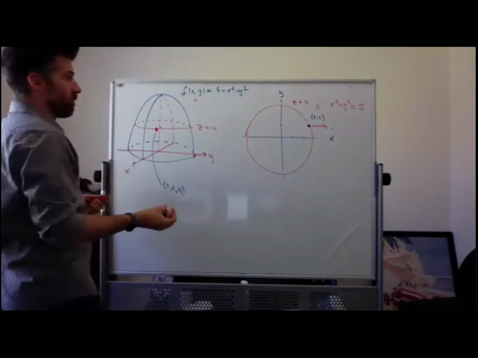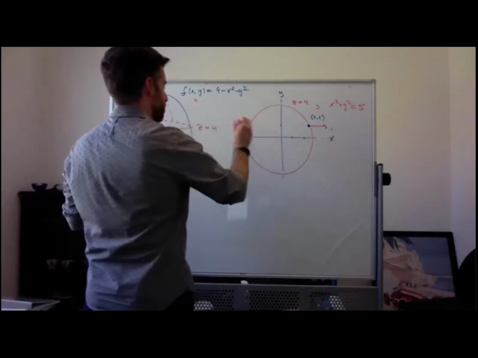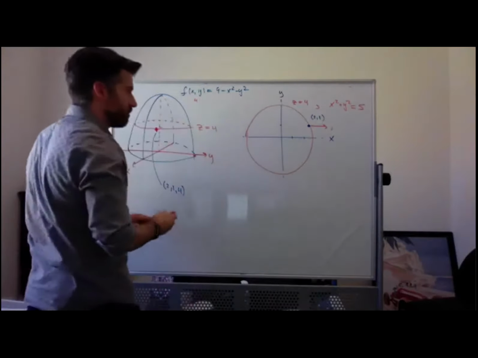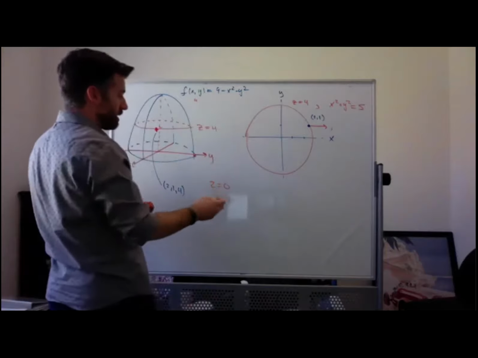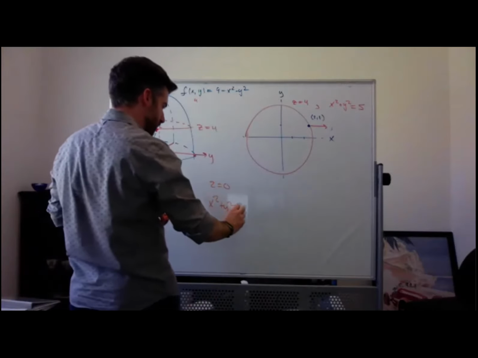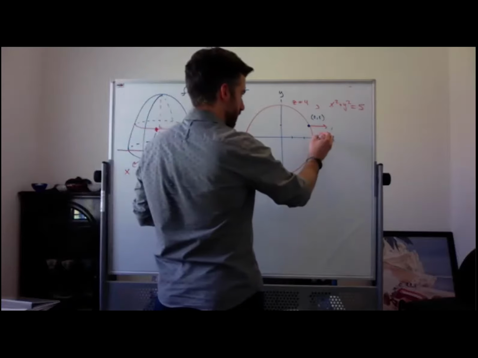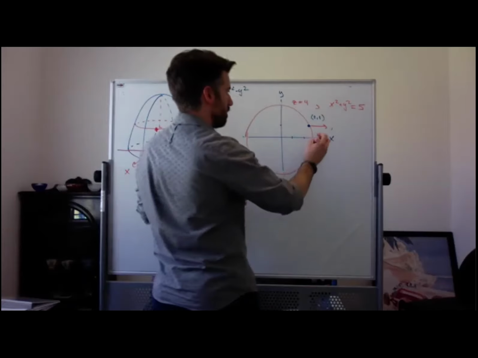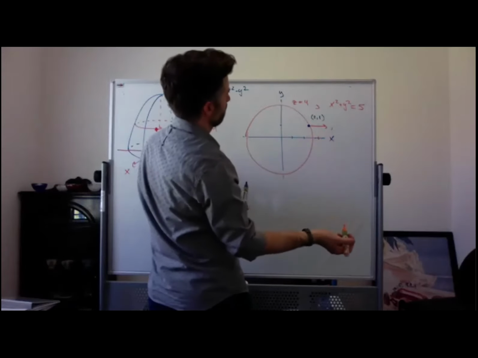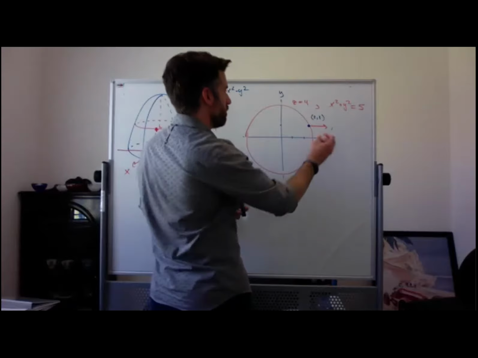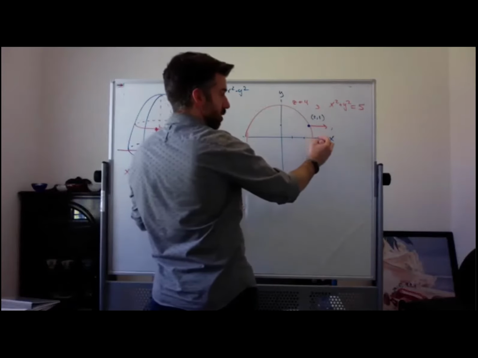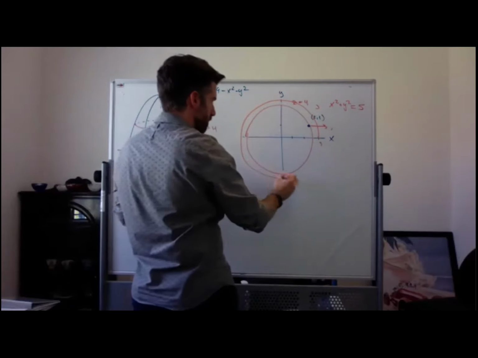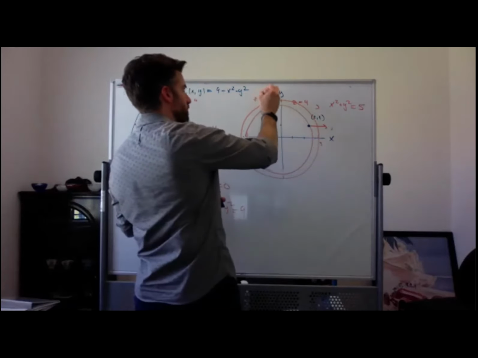If I draw the level curve where z is equal to 0, let's do that in orange, that's going to be x squared plus y squared equal to 9. That's going to be the circle of radius 3, which is over maybe here. Maybe I drew this red circle a little too big. Oh well. So that's going to look like this, and that's z equals 0.